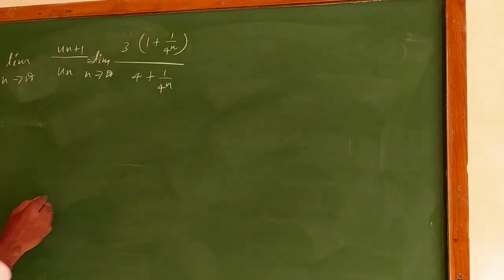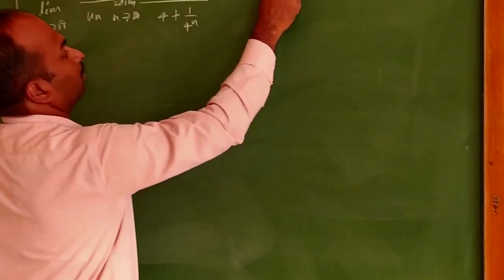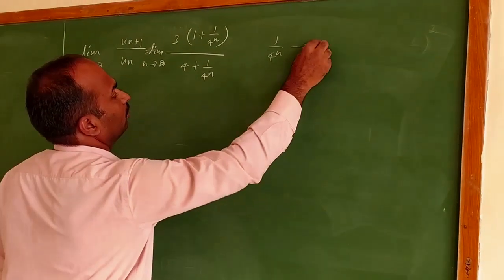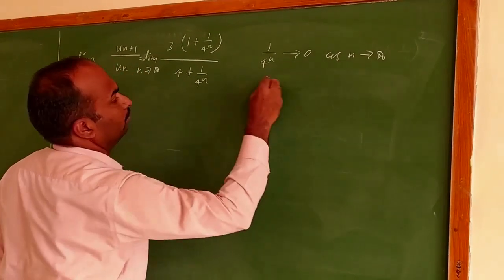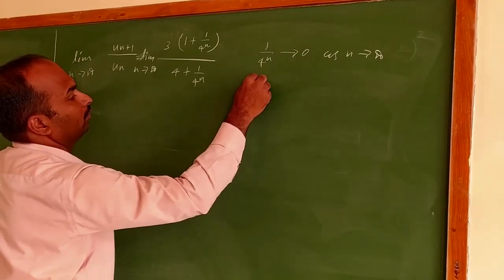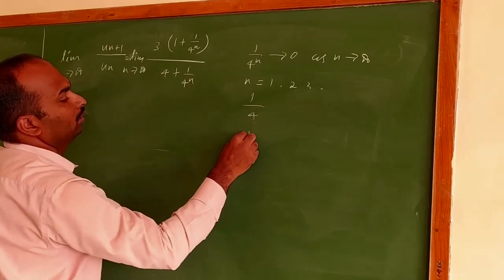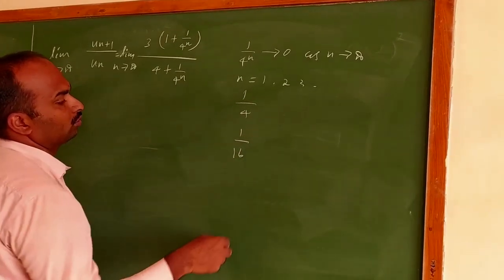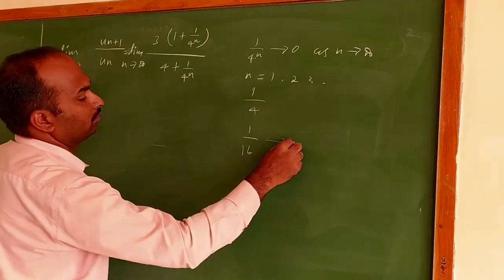See this, 1 by 4 power n tends to 0 as n tends to infinity, because when n is 1, 2, 3 and so on, it becomes 1 by 4, 1 by 16 and so on, meaning it keeps on decreasing, so this tends to 0.